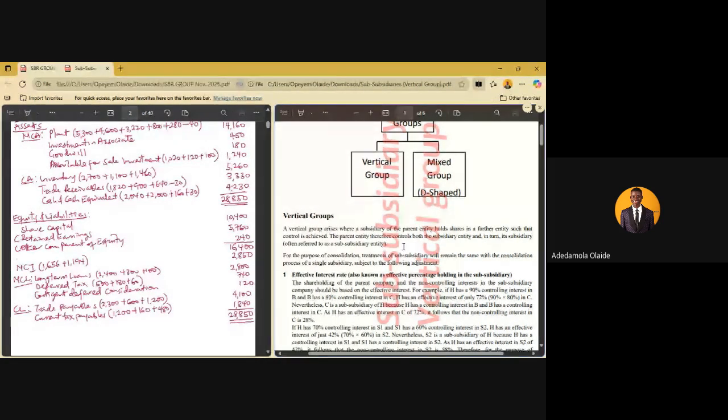So just like I said, A owns 60% in B and B owns 80% in C. To calculate the effective percentage of holding, or effective interest, in C of A, it will be 60% multiplied by 80%, and that will give us 48%.